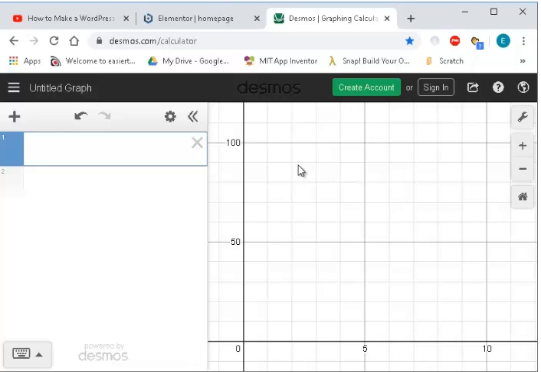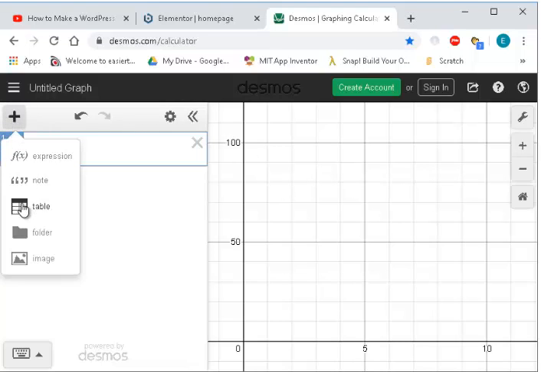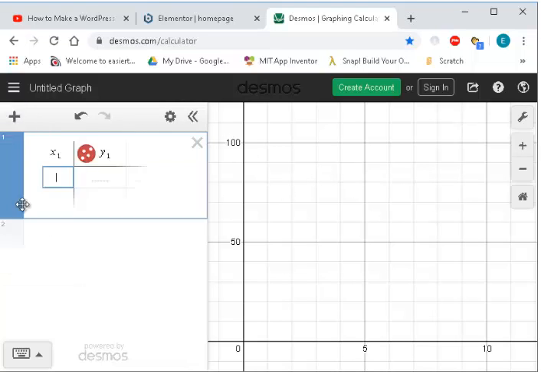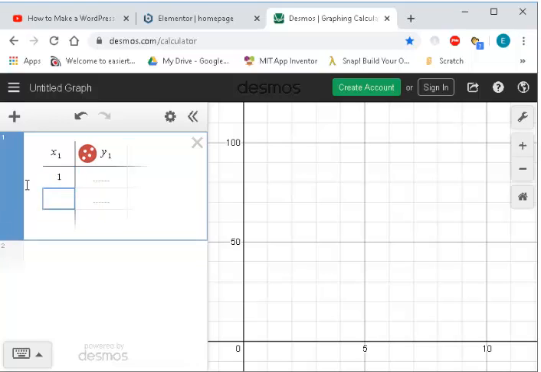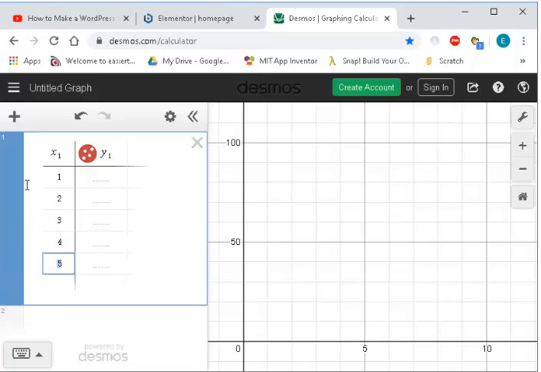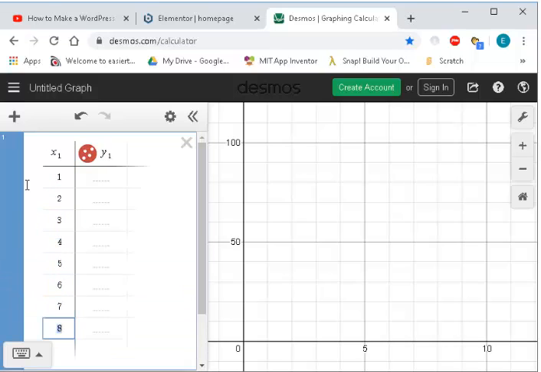We are going to click on the plus sign here, and then we choose the table. Now I'm going to enter the given values, except 0 at time 0 because we have no idea what the value is. So the x values are 1, 2, 3, 4, 5, 6, and 7.